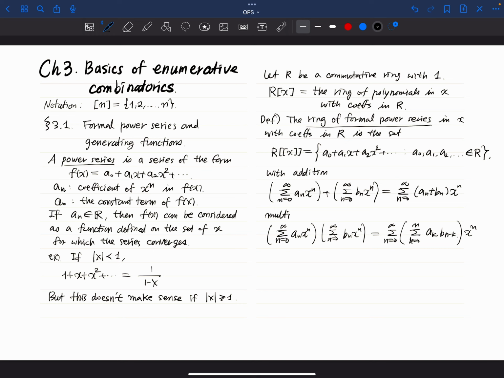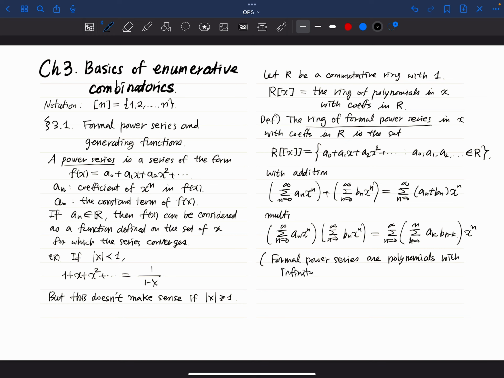So roughly speaking, you should think of formal power series as polynomials, because those are the terms that we are familiar with. So you should think of formal power series as polynomials with infinite degree.